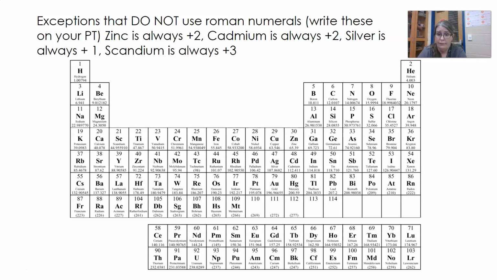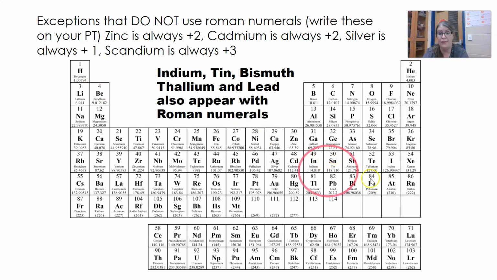There are a few of the P block metals, the ones that are underneath that zigzag line, that actually do use Roman numerals. And they're the big ones down here: indium, tin, thallium, lead, and bismuth. You might wonder why not antimony?